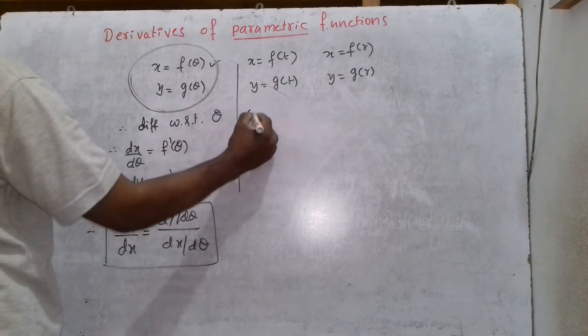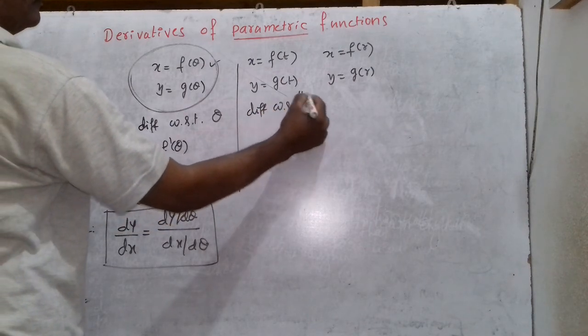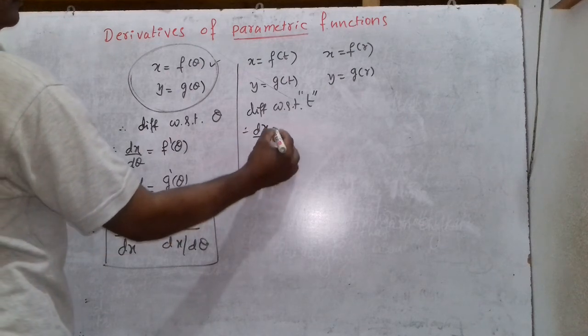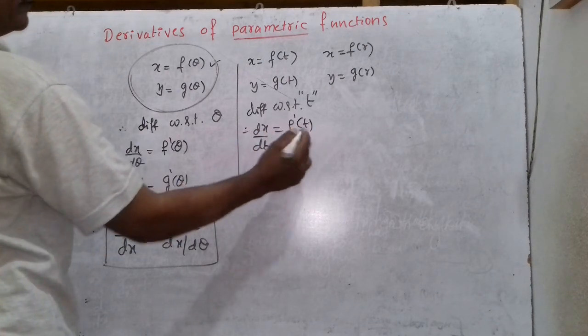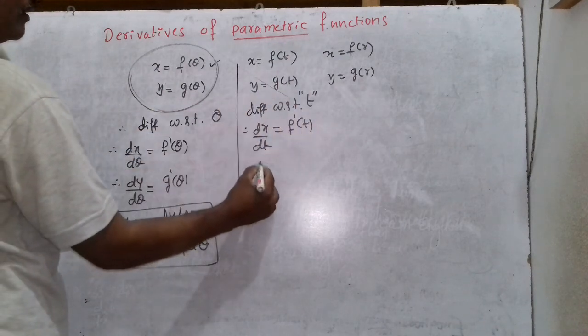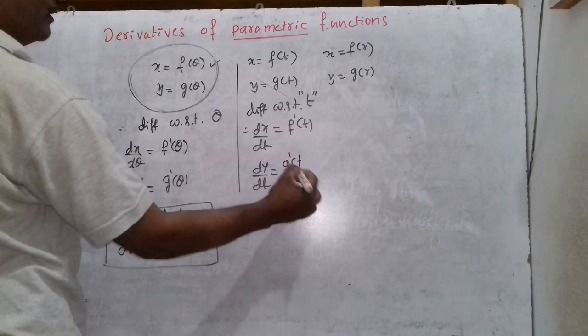Similarly, when the common parameter is t, differentiate with respect to t. Therefore, dx by dt equals f dash t, the derivative of the given function whose parameter is t, and dy by dt equals g dash t.